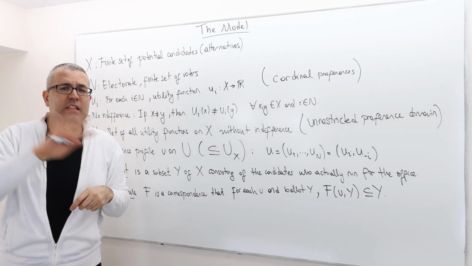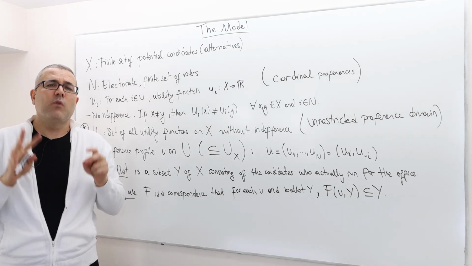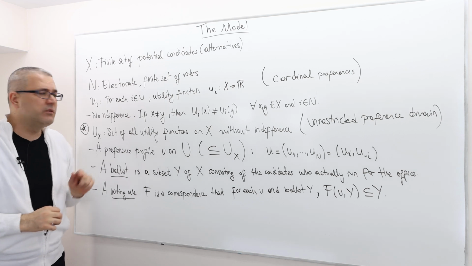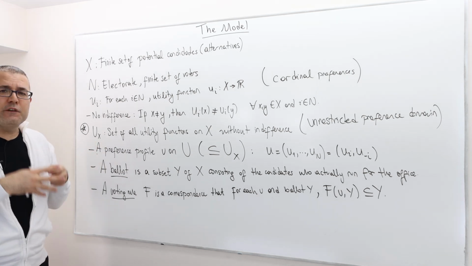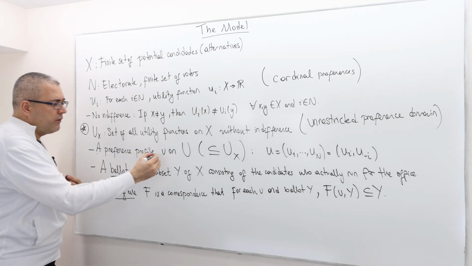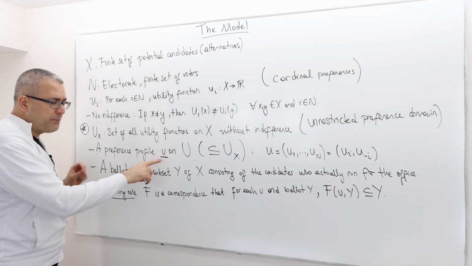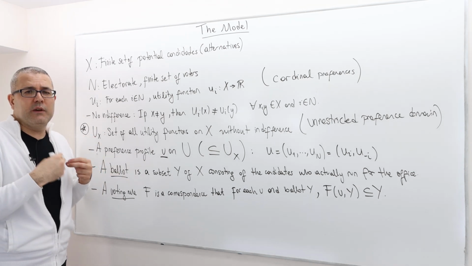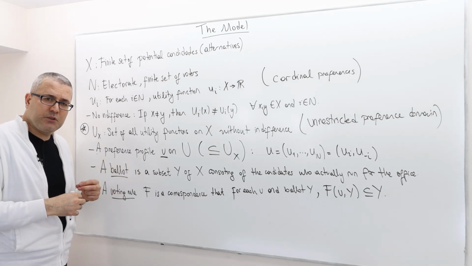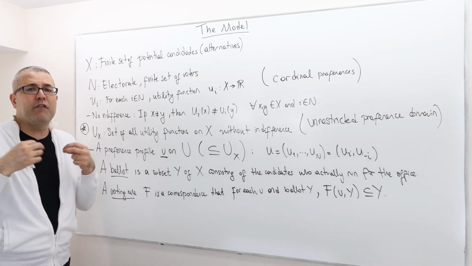Any utility function you can think of is included in this set U of X. A preference profile is denoted by U, with no subscript. Whenever I put a subscript, it belongs to an agent. If I don't have a subscript, it means a profile, a vector.